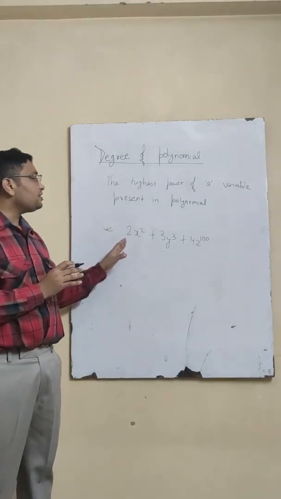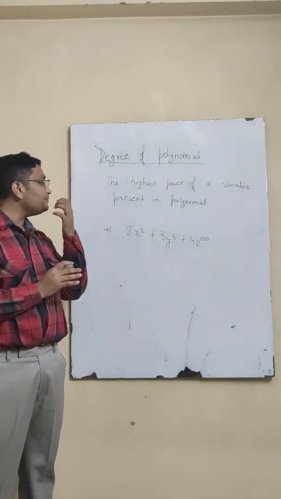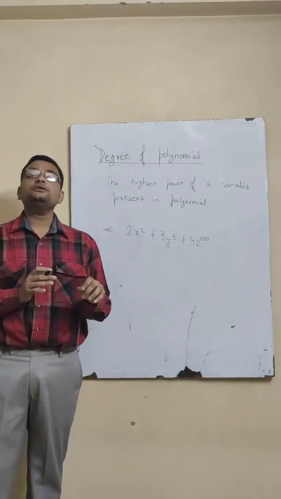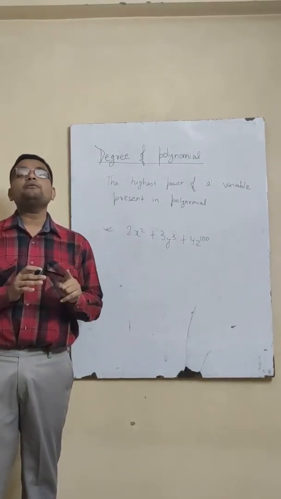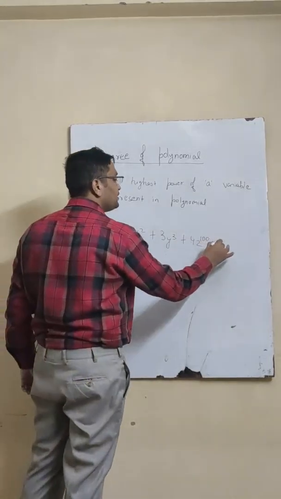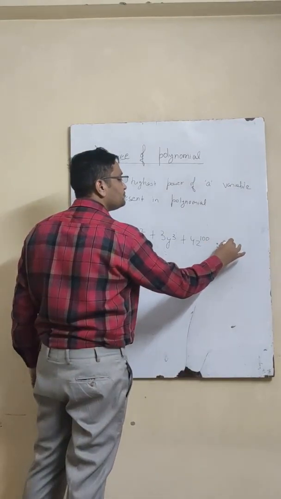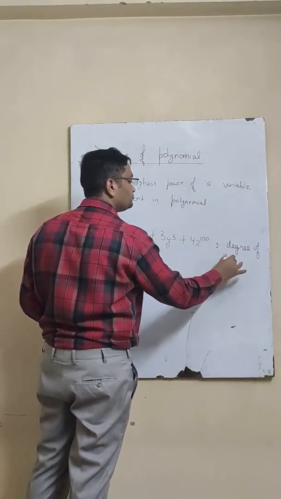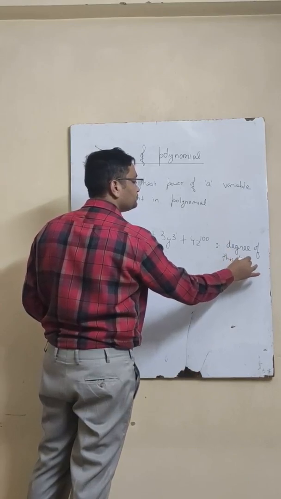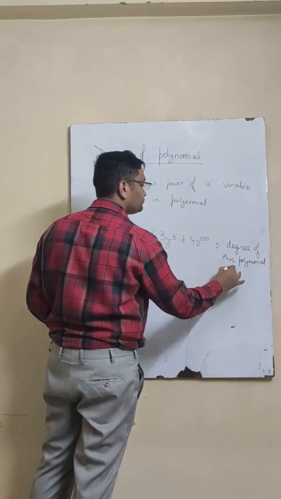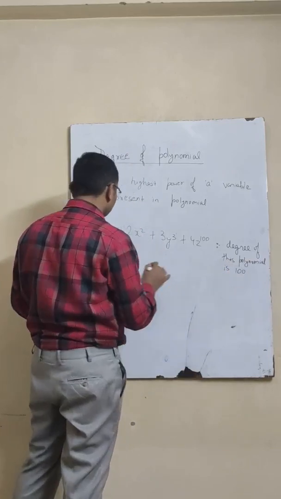Here we come across all the variables and conclude that z is having the highest power and the magnitude of that power is 100. So the degree of this polynomial is 100. Listen to me carefully once again.